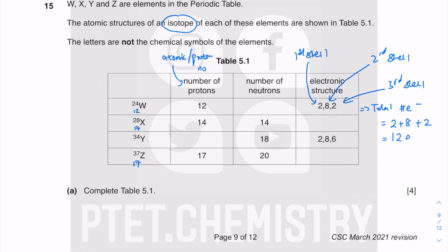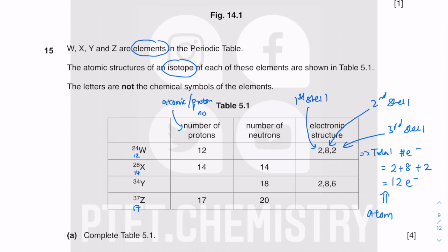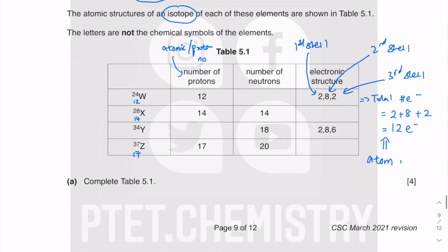I get 12 electrons. But remember, atom. These are elements that exist as only one type of atom. An atom is uncharged. If you have an atom, your number of protons is equal to your number of electrons. If you have 12 electrons, that's because you have 12 protons, because you have an atom.